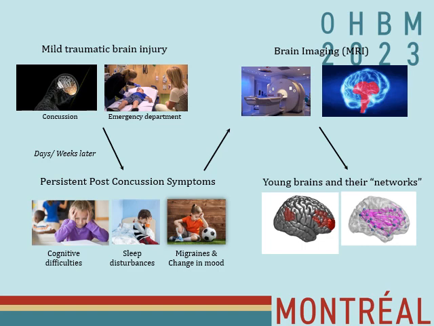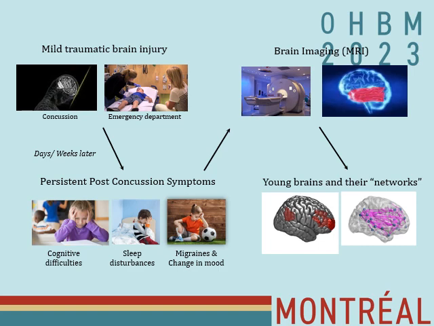So for this talk, we'll look at a focused case of injury, being mild traumatic brain injuries, which leads to concussion. And in children, mild TBIs occur in those who have sporting injuries or falls of a minor nature.